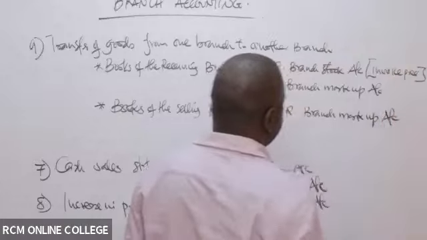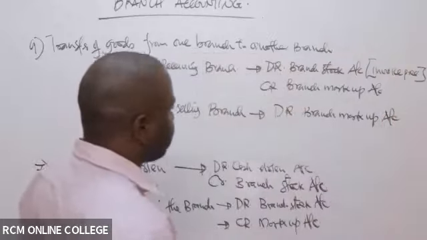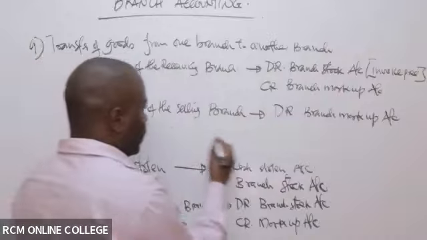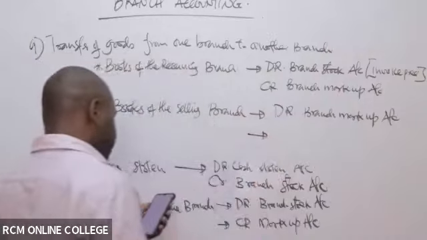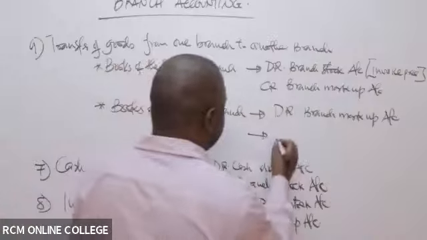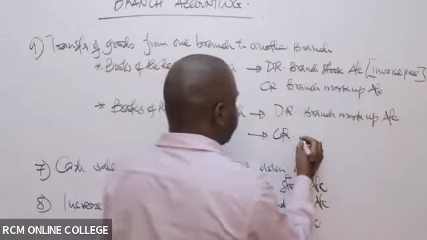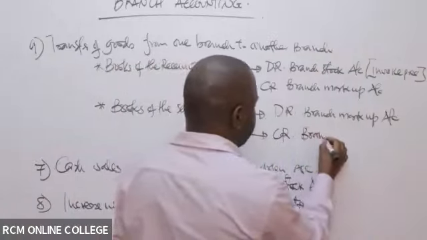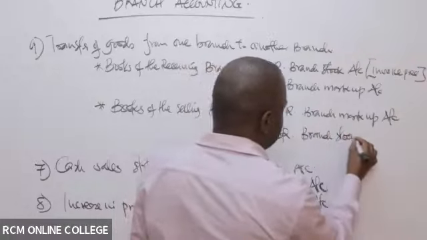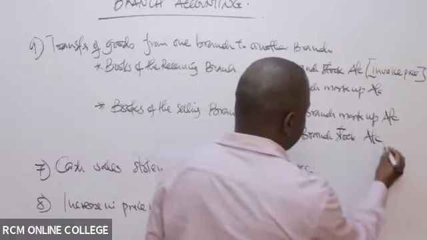So it won't be able to enjoy this profit. It will basically lose this profit to the other branch. Then you credit the branch stock account, because the stock for this branch will be reducing.